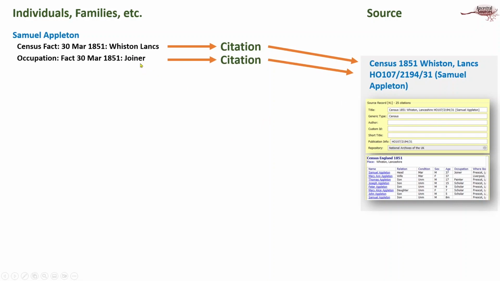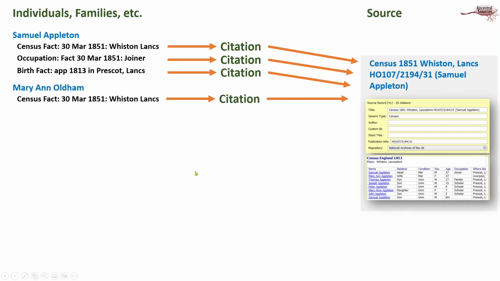The occupation fact that we create, because he was a joiner on that day, is linked back to the source via a citation. The fact that we could estimate his date of birth as 1813 in Prescott, Lancashire, came from this source, so it's linked with a citation. Mary Ann Oldham was referred to, and she has a census fact which we record, and again there's a citation.